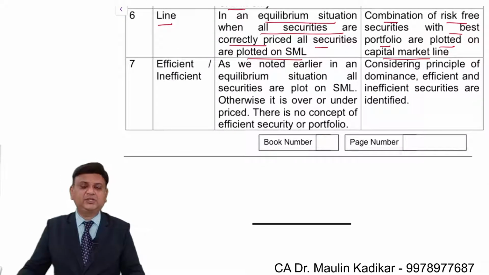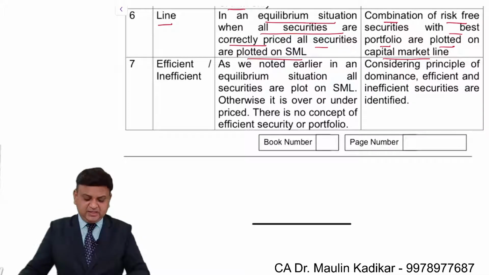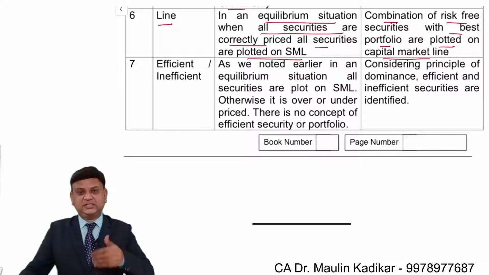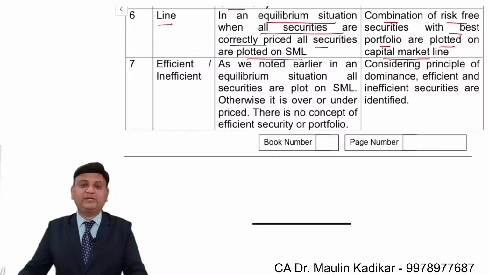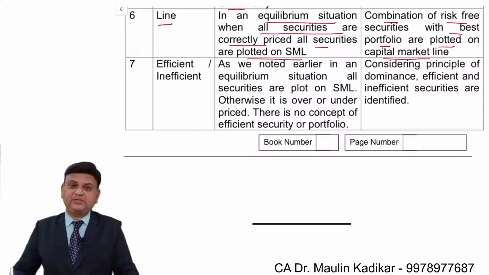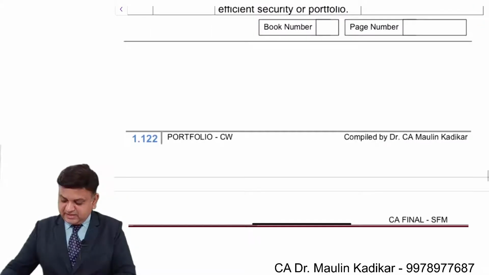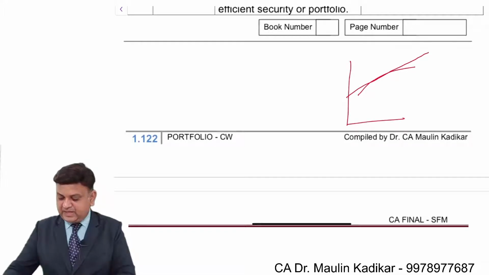That is the combination of the risk-free security and the risky security, the best portfolio, and the best portfolio is lying on the efficient frontier. This kind of diagram we have seen, and this is the capital market line.